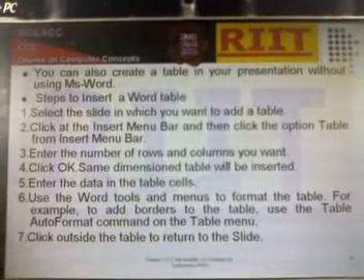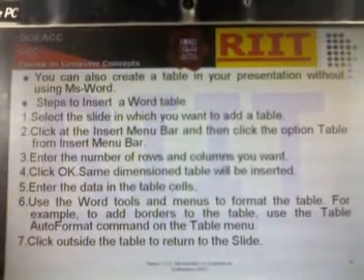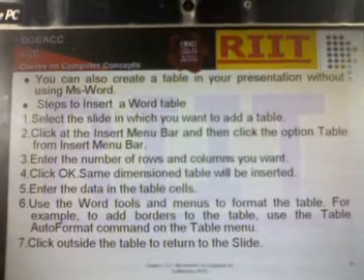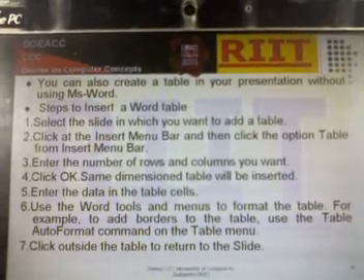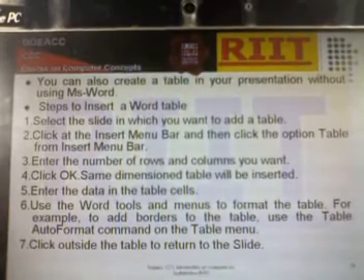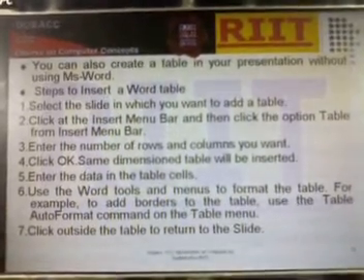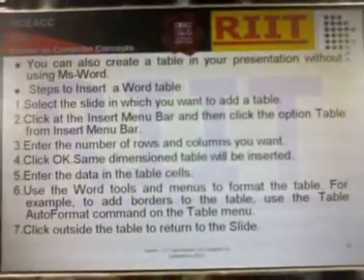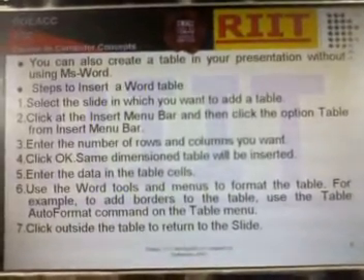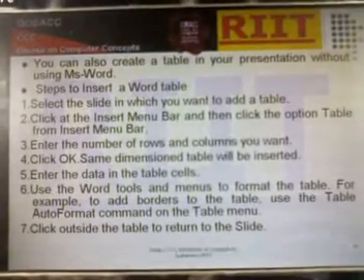Select the slide in which you want to add a table. Click at the Insert menu bar and then click the Table option from the Insert menu bar. Enter the number of rows and columns you want. Click OK. A table of the same dimensions will be inserted.